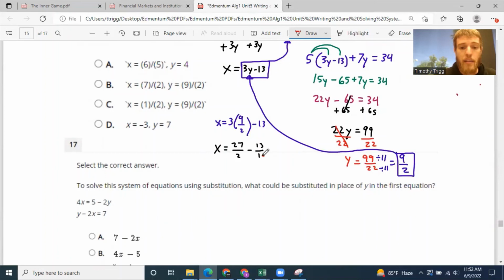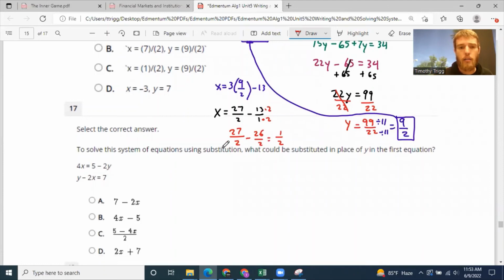So I'm going to multiply this fraction by a factor of 2. That way, both our denominators will be 2 in this case. So 27 over 2 minus 26 over 2 gives us 1 over 2. So half. Okay, that's the value of x.